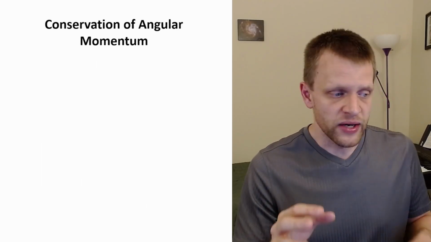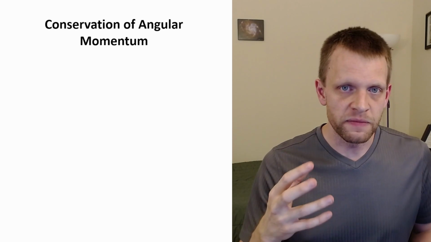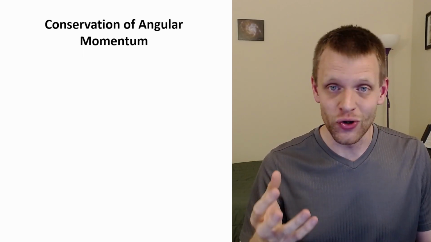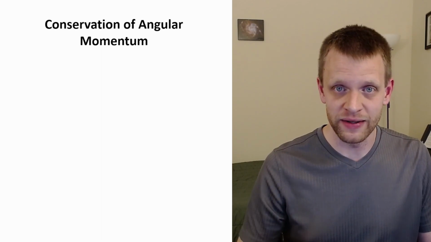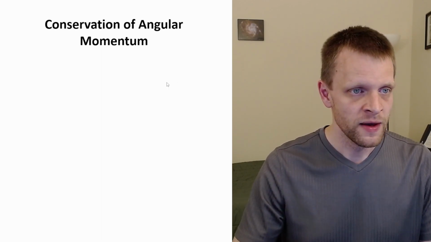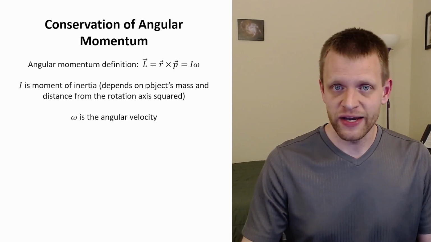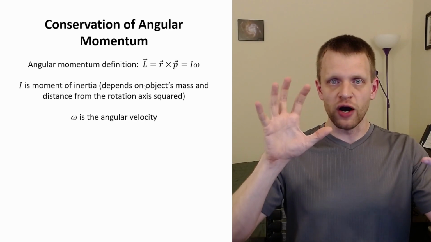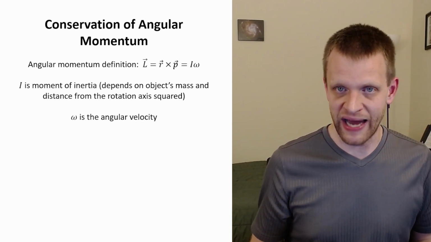The last one that I want to talk about is conservation of angular momentum. Now, this one is a little bit less familiar, so I'm going to try to go through this fairly briefly, but it's going to come into more play in future videos. So, angular momentum, the definition of angular momentum is basically a measure of how much stuff is rotating around a certain axis.